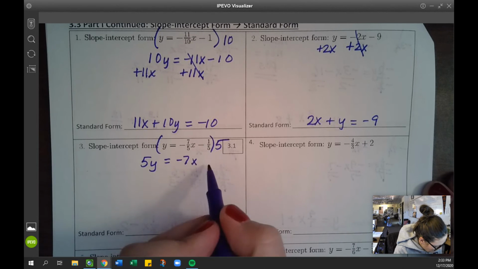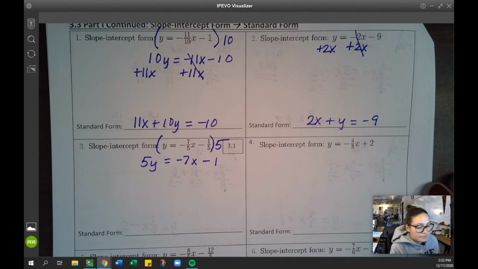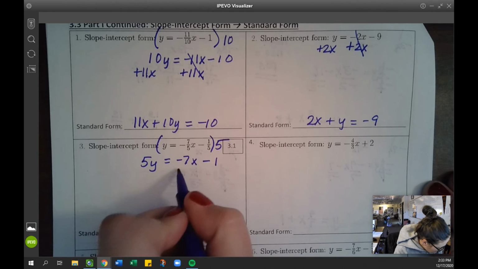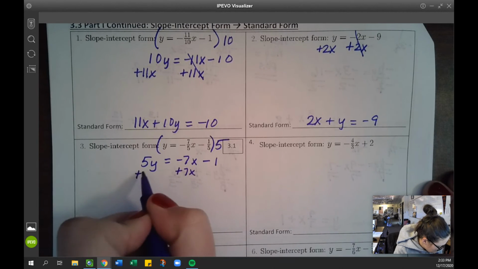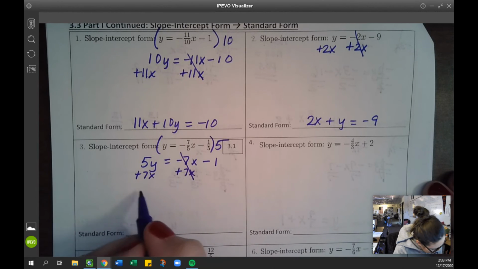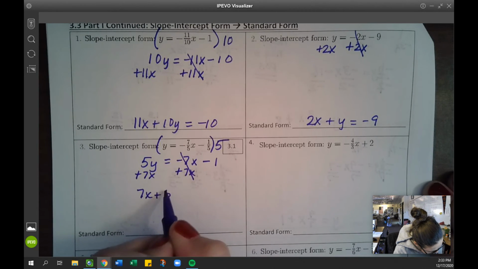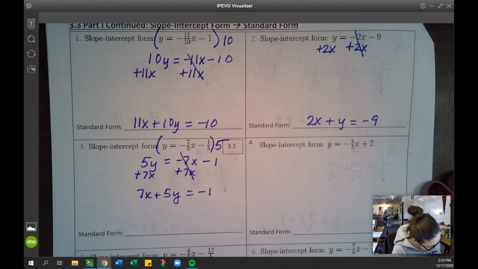If I multiply this by 5, I get minus 1. Then I need to move the x term over. So I'm going to add 7x. Oh, I guess that's my final answer. 7x plus 5y equals negative 1.